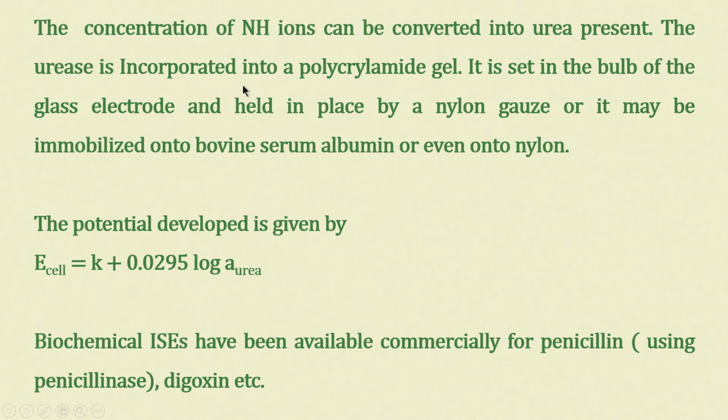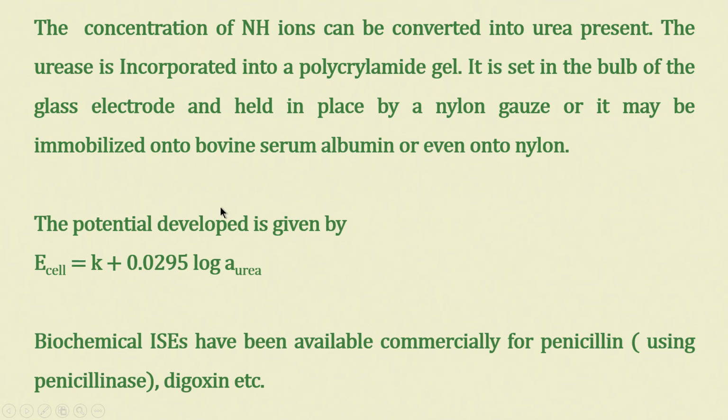It is set in the bulb of the glass electrode and held in place by a nylon gauze, or it may be immobilized onto bovine serum albumin or even onto nylon. So, bovine serum albumin, when you heat it, it forms a sort of membrane. Nylon also, we can use nylon membrane or any other membrane which will act as a support.